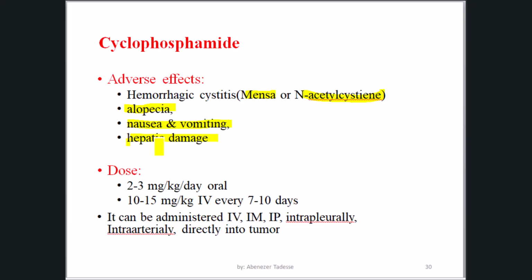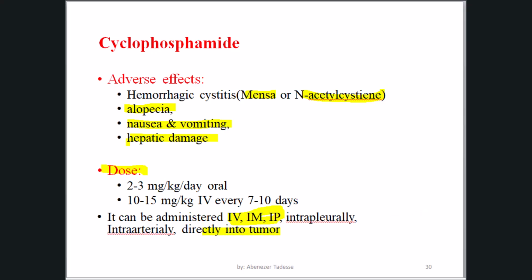Cyclophosphamide is given in cycles: if it is given this week, the other week should be free, which ensures recovery of the host prior to further exposure. There are various routes to give these medications: IV, intramuscular, intrapleural, or directly into the tumor.